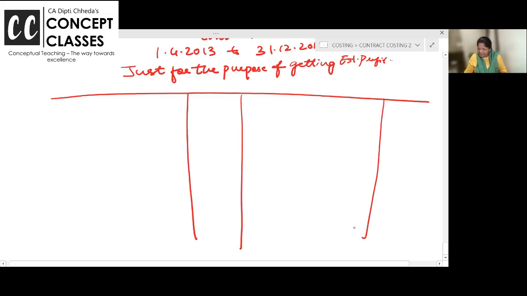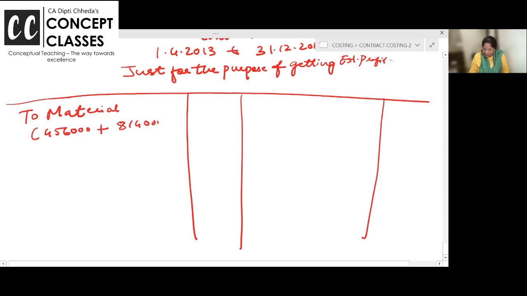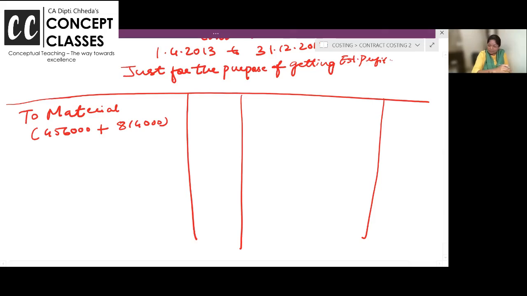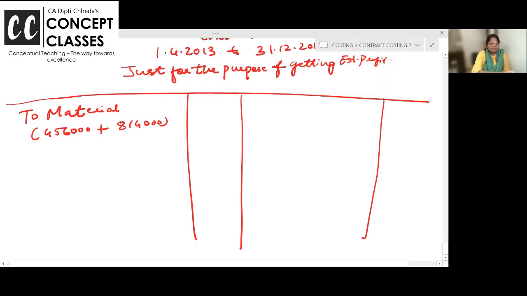जो हमने अभी किया था ना, add करके, less करके. Like I'll just start with material. How much you will take the material? 4,56,000 for the first year and 8,14,000 for the second year. 12,70,000 like this.